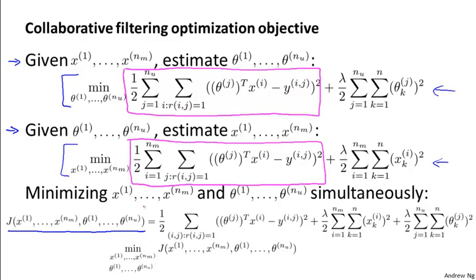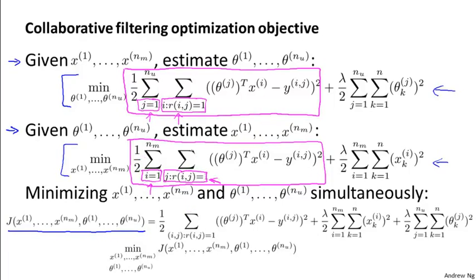The summations look a little bit different, but let's see what the summations are really doing. The first summation is sum over all users j, and then sum over all movies rated by that user. So this is really summing over all pairs ij that correspond to a movie that was rated by a user. This summation down here just does things in the opposite order. This says for every movie i, sum over all the users j that have rated that movie.